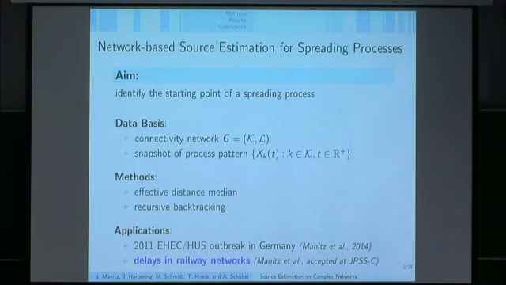So the question here was, can we actually find the origin where this contaminated food was produced based on a spreading pattern? We were pretty successful with using the effective distance in that context, and then we were wondering, does that actually work for general spreading processes, or is that specifically for infectious disease?